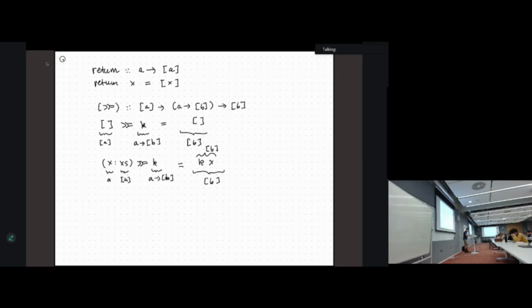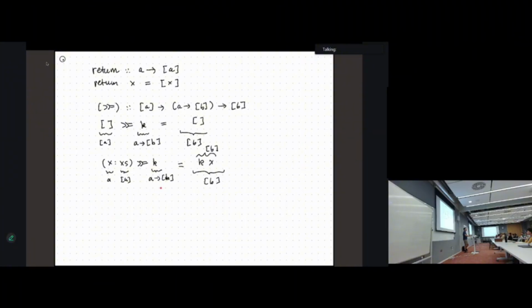But I haven't done anything with my x's, and I feel a little bit sad. So how do I do something to these x's? I wish I could somehow transform all of these a's into a list of b's, and then add it to this list of b's. And this is where we do that good old trick. Is there any function in the world that takes a list of a's and a function from a to list of b's and makes a list of b's with it?